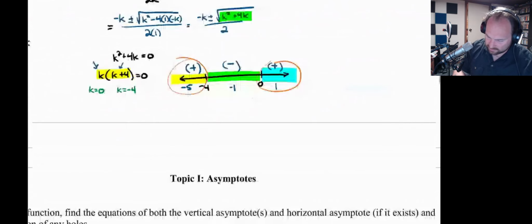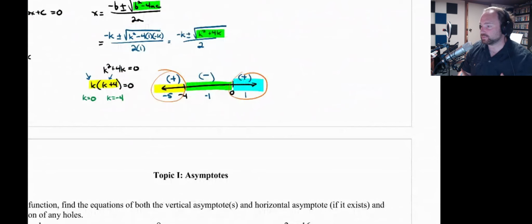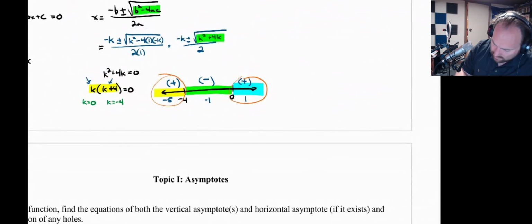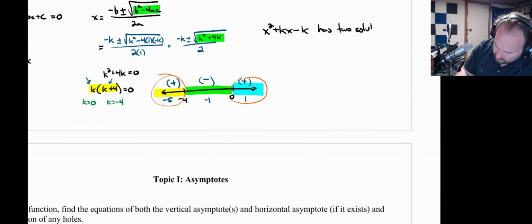So we'll express our answer in interval notation, which we practiced in a previous video. So let's see, x squared plus kx minus k has two solutions when k is on the interval, round parenthesis, negative infinity, comma, negative 4, round parenthesis.